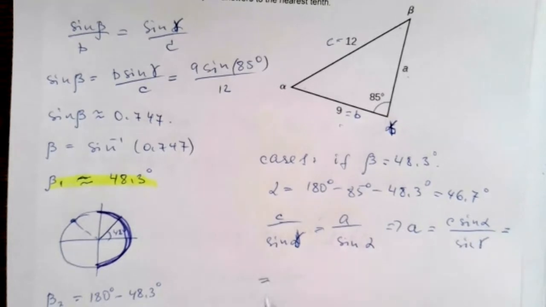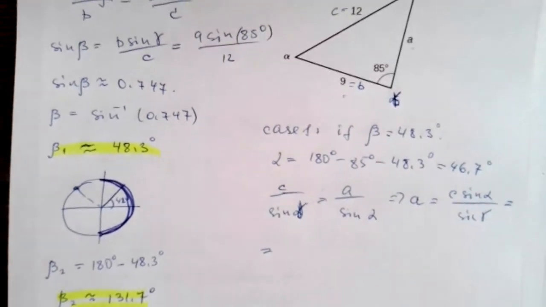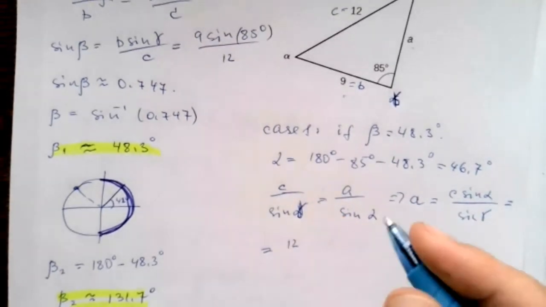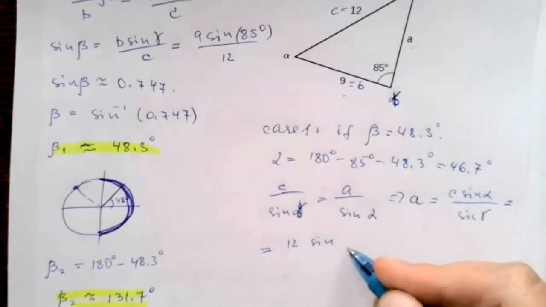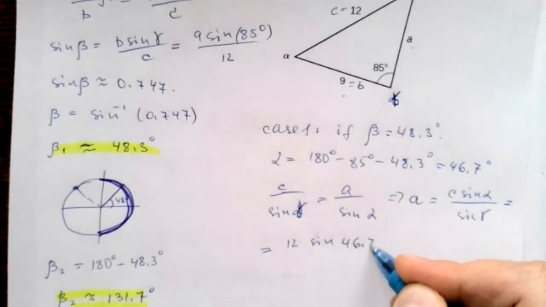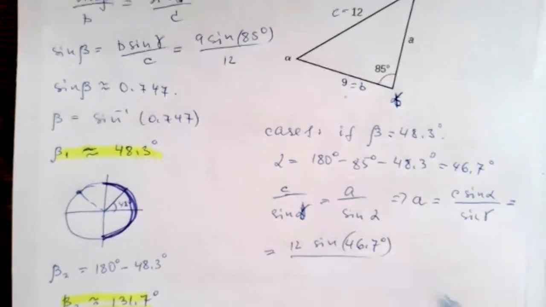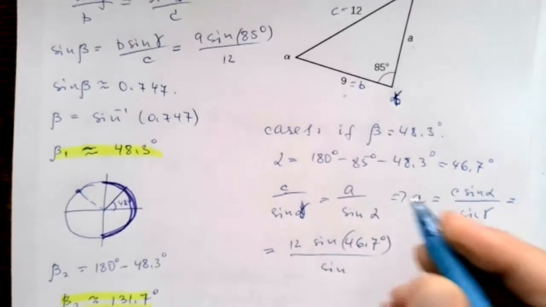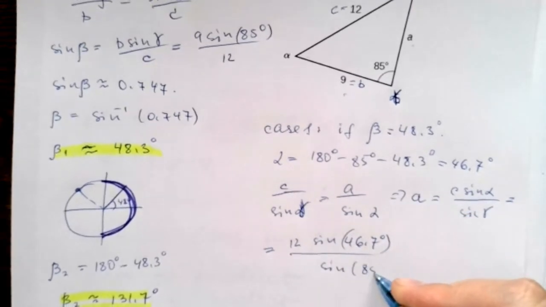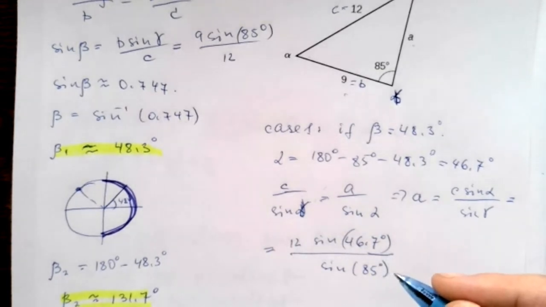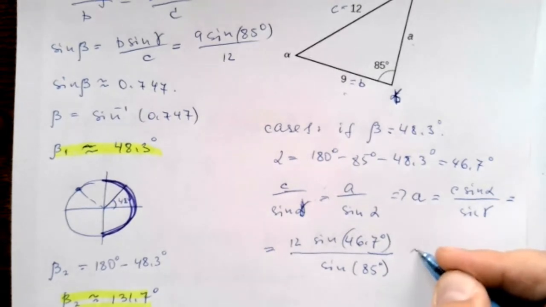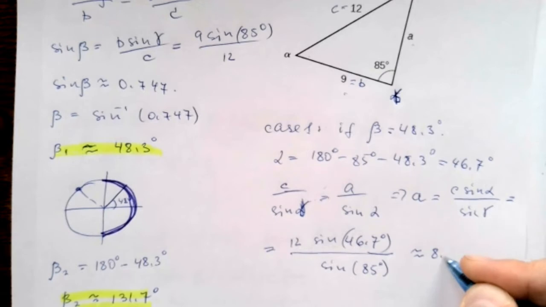Okay, let's put in the numbers. C is 12 times sine alpha, which is 46.7, divided by sine of 85 degrees. And when we put this into the calculator, we're gonna get approximately 8.8.